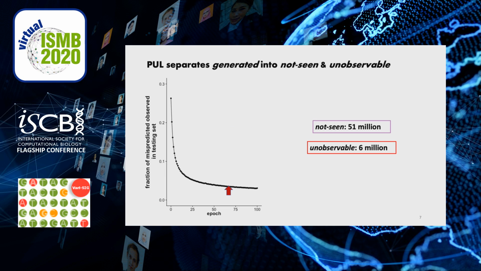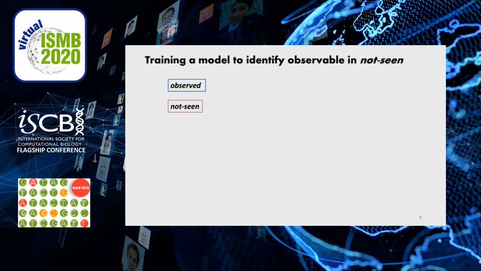We have conducted more than 100 epochs, and we determined that the PUL process converges at epoch 63, giving us 51 million not seen and 6 million unobservable. Then we train a model using the observed and not seen.